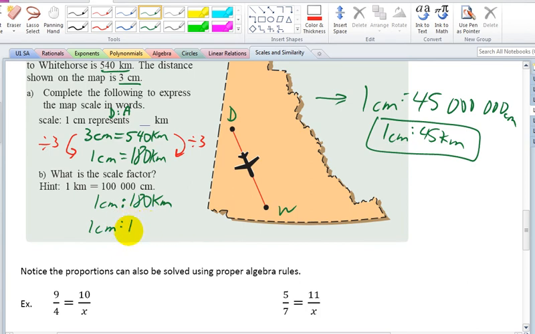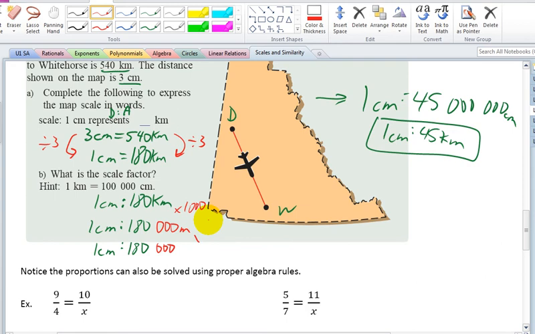How many meters is that? How do we go from kilometers to meters? Times by 1,000. So we just have to add 3 zeros. Okay. Then 1 centimeter represents how many centimeters? So this is meters. How do we go from meters into centimeters?